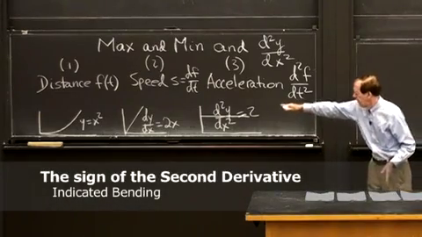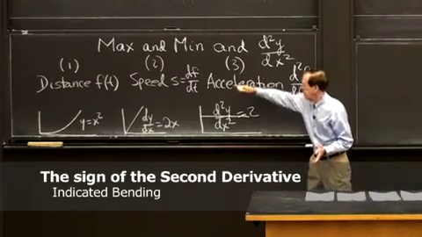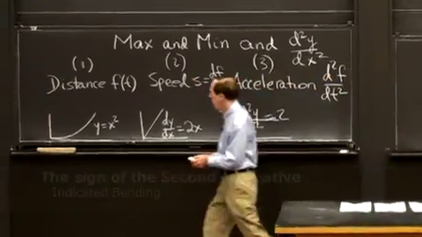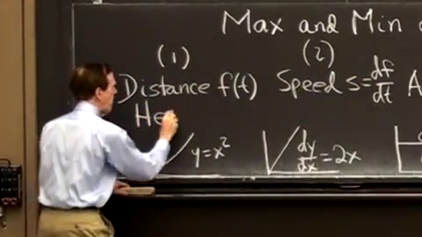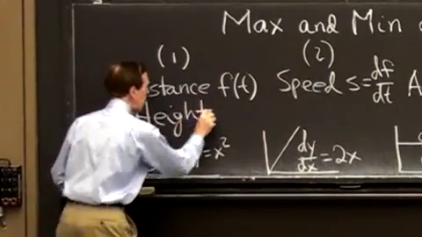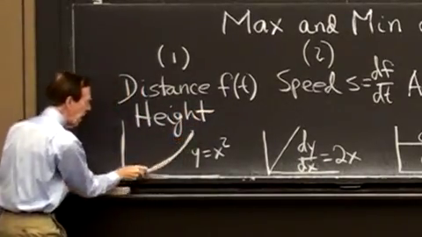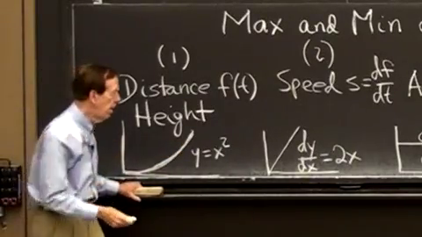For a graph, I won't specially use those physics words, I'll use graph words. So function 1 would be the height of the graph. In this case, that height is y equals x squared, a simple parabola.